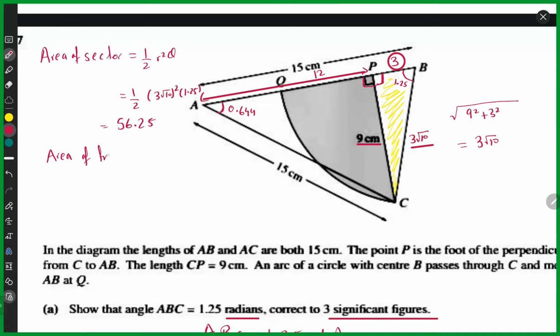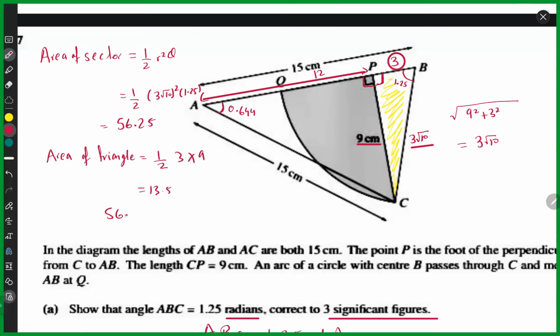Area of the triangle is 13.5. Yes, very good. So it would be 1 by 2 base into height. So that's 3 multiplied by 9. I'm just quickly doing it. That's 13.5. And we can just subtract to find the gray shaded part.